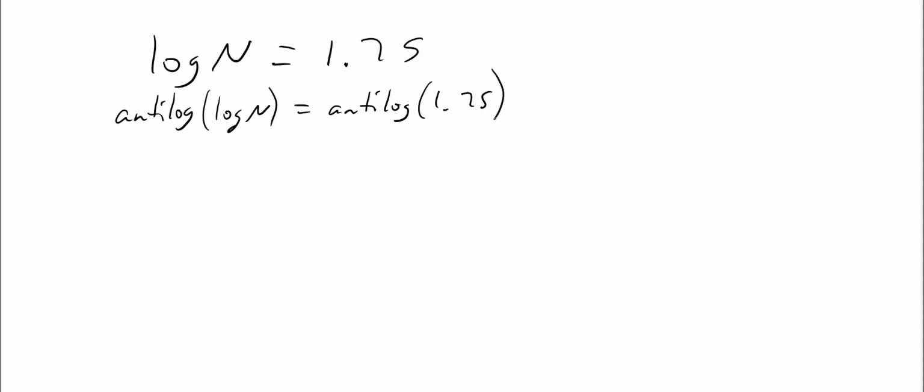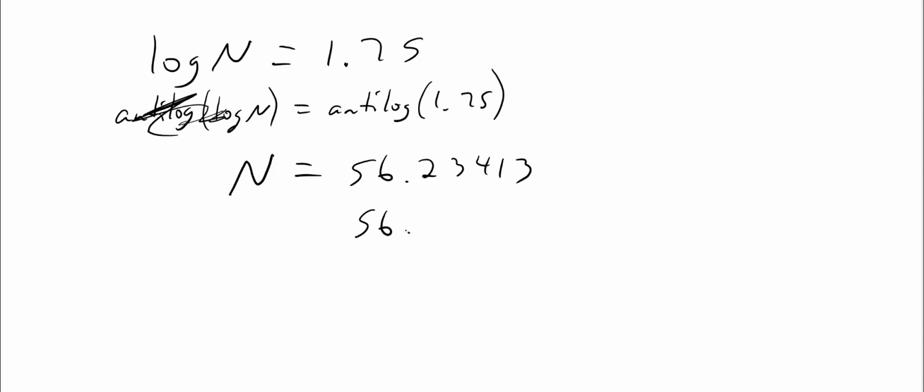That gets rid of the log. So you have n equals the anti-log, so I'm going to hit second log of 1.75, close parenthesis, I get 56.23413. So 56.2341. Okay? And I think sometimes they ask you to round to 2 places. So if that was 2 places, it would be 56.23.